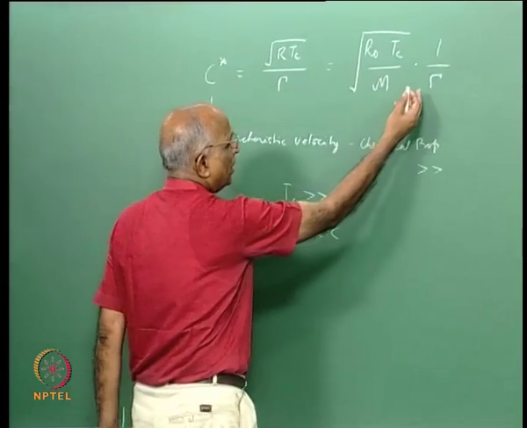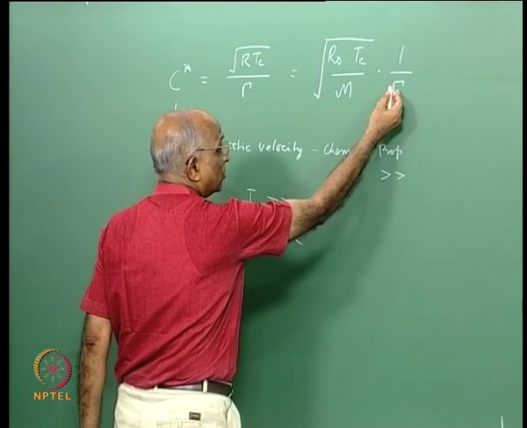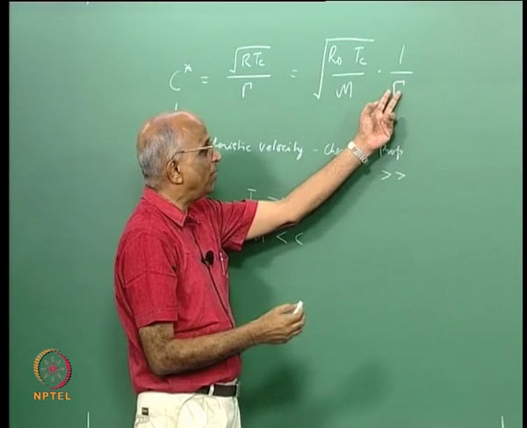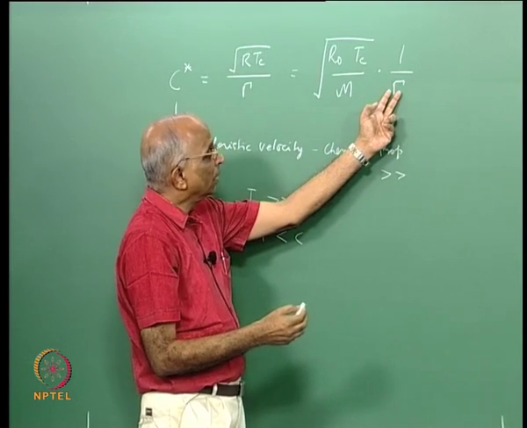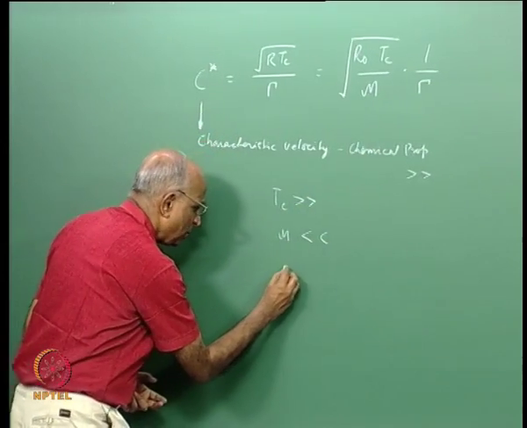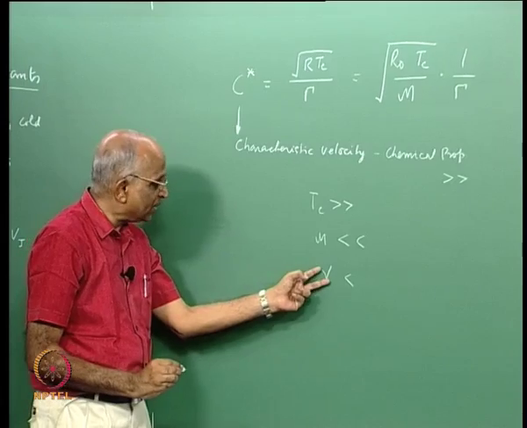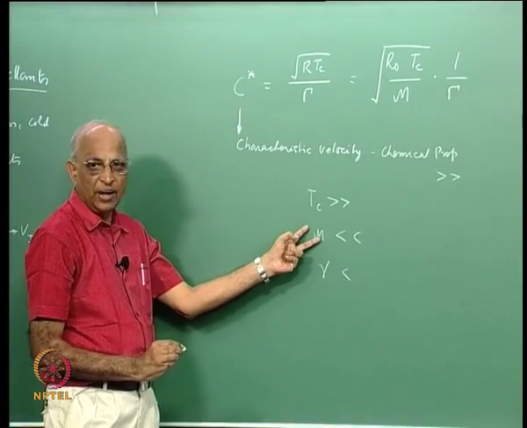If we have the combination of gamma, we told gamma must be small because capital gamma was equal to under root gamma, 2 over gamma plus 1 to the power gamma plus 1 divided by 2 gamma minus 1. The requirement was also that gamma should be small, though it is not as sensitive as Tc and m were.